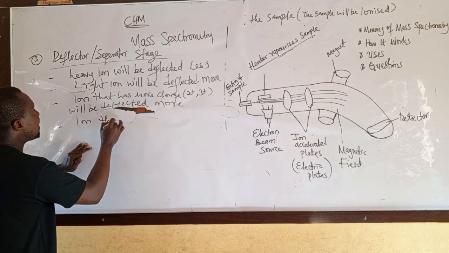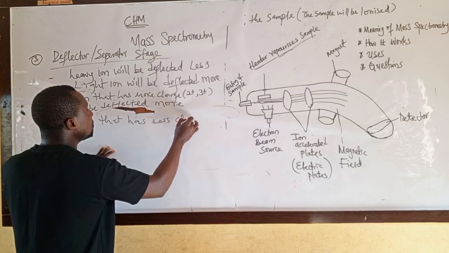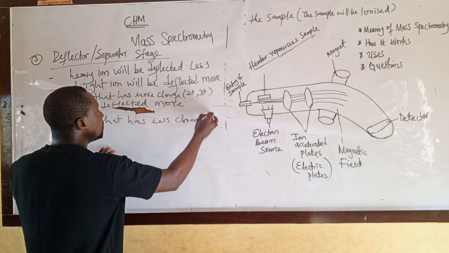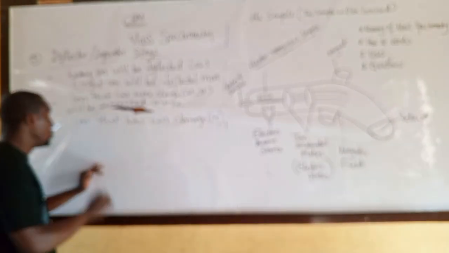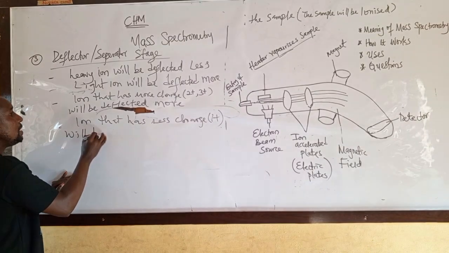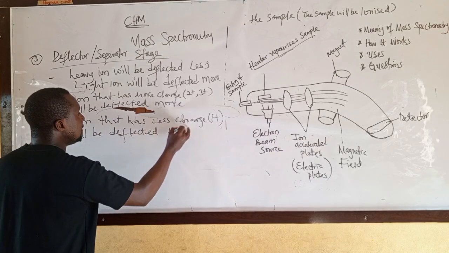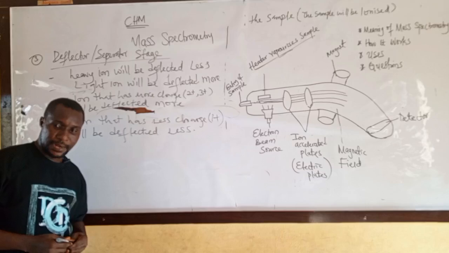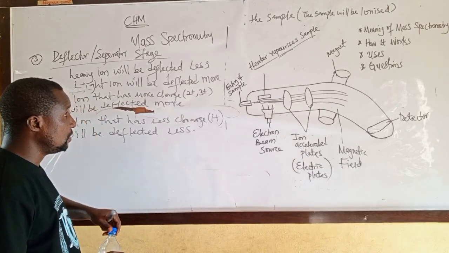Ions that have less charge, maybe +1 or 1+, will be deflected less. Take note of that. Please take note of that.